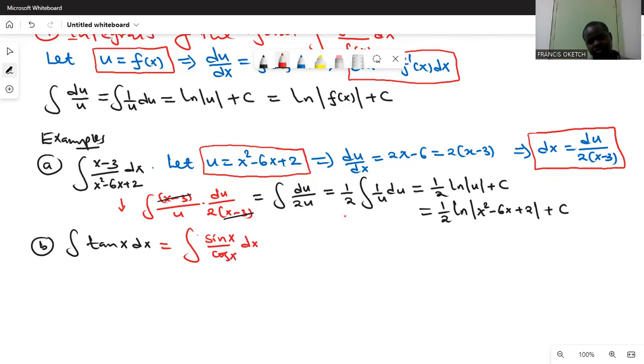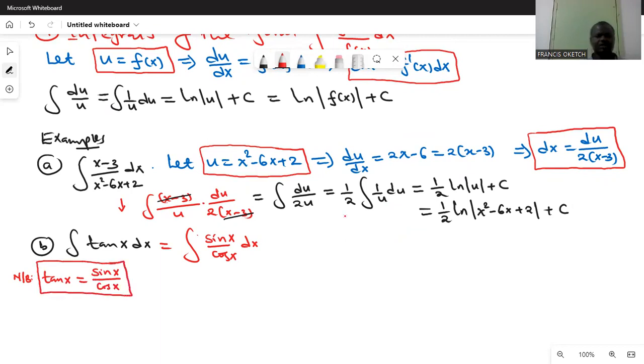Tan x is equal to sin x over cos x. You can write a note that when we talk of tan x, it is the same as sin x over cos x. So this is very important.